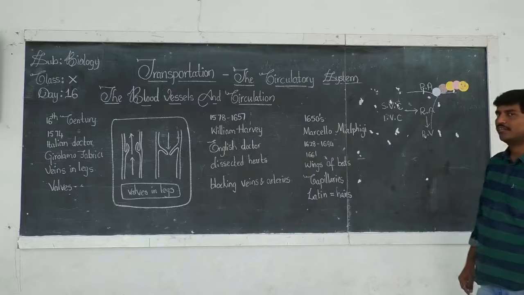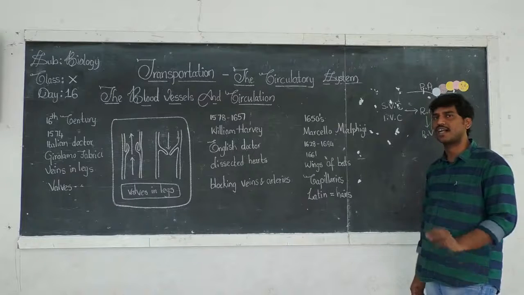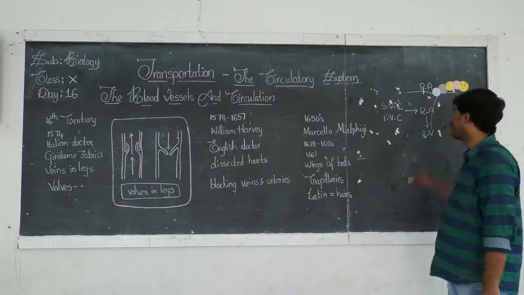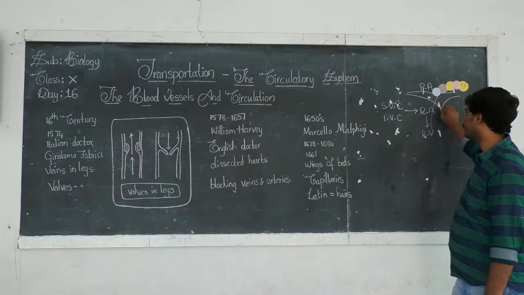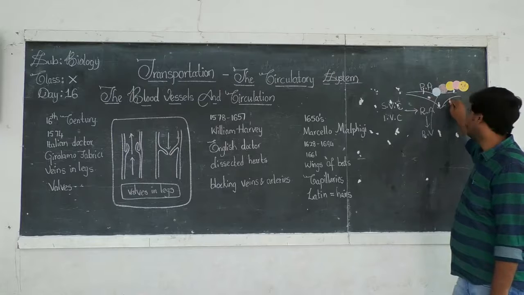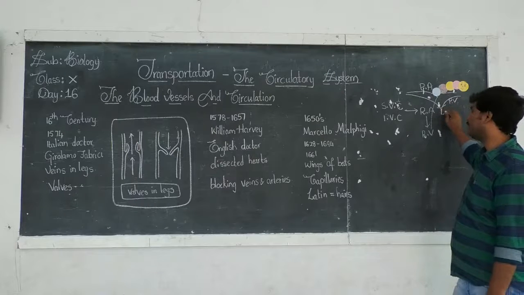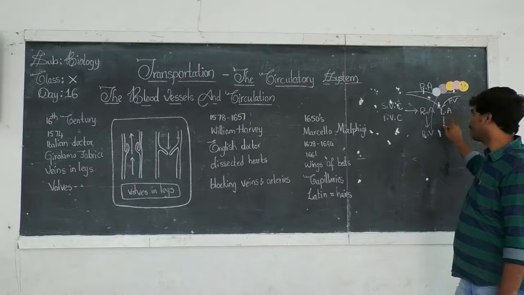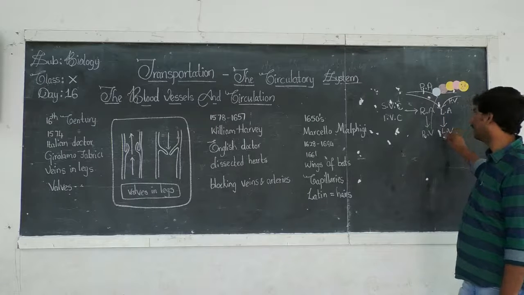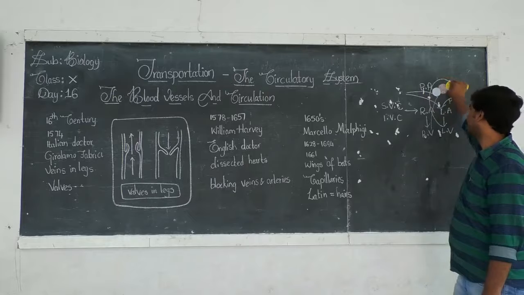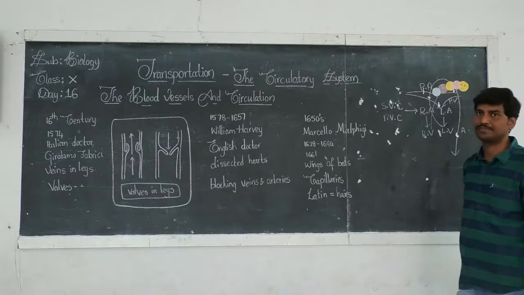Already we have studied that arteries are rigid blood vessels and veins are less rigid blood vessels. Now, once again, the blood from the right lung as well as the left lung is passed through the pulmonary veins into the left auricle, and from the left auricle into the left ventricle, and from the left ventricle it is carried down to all the body parts because of the aorta.